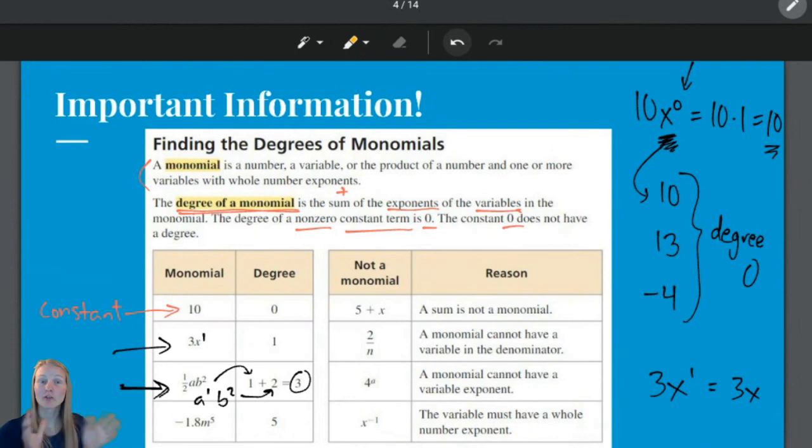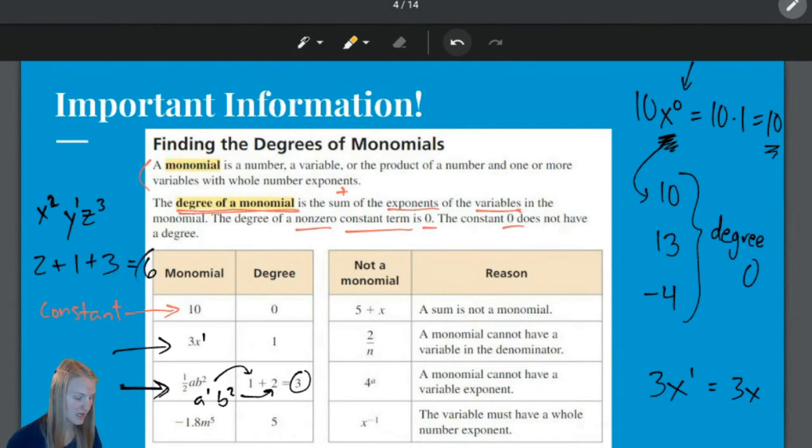Now, that's if you have multiple variables, and in fact, if I had x squared times y times z cubed, the degree of this would be 2 plus 1, because the y has an exponent of 1, plus 3.